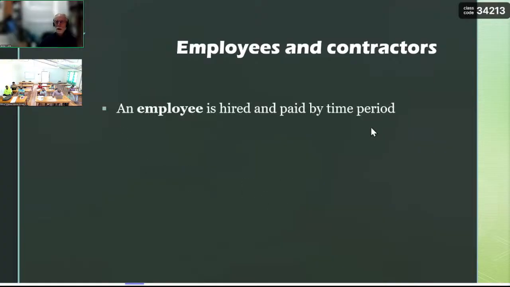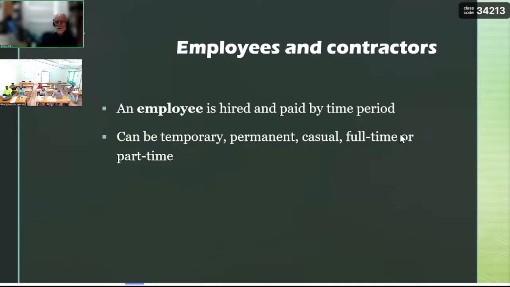An employee is hired and paid by time period. And employees also have rights. They can expect to have some paid leave if you agree, or they maybe even expect some super and get paid into a nest fund, and so on.